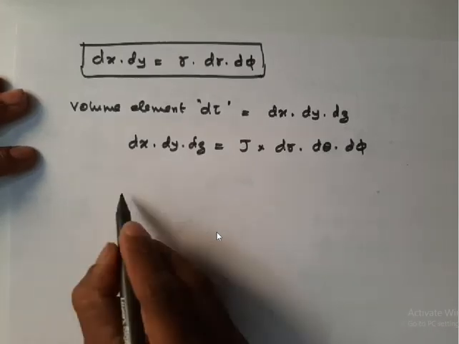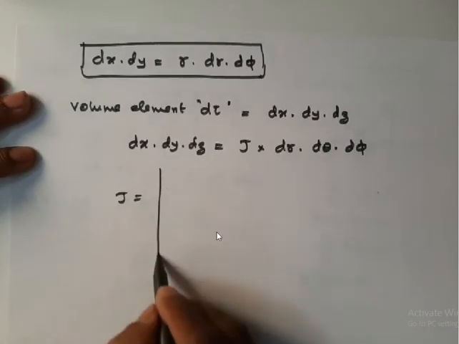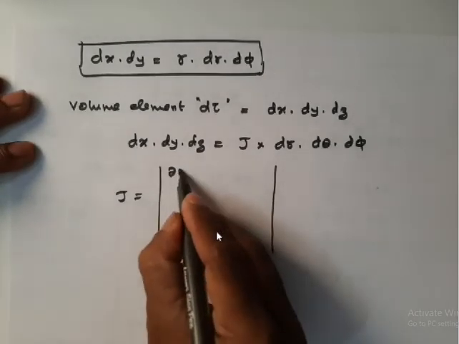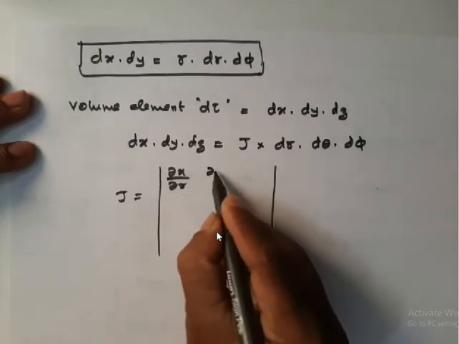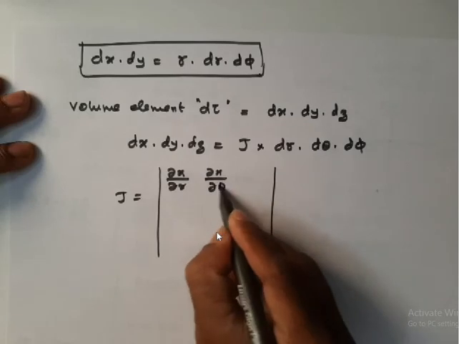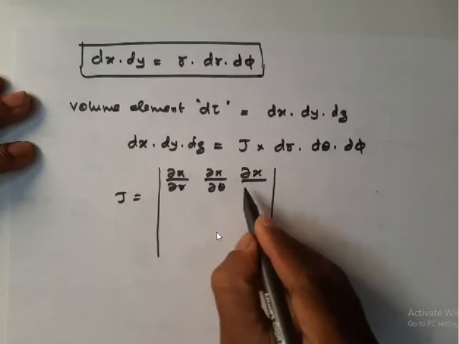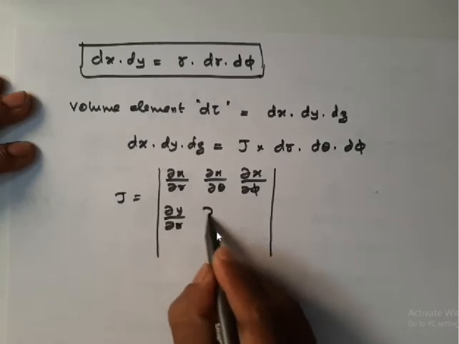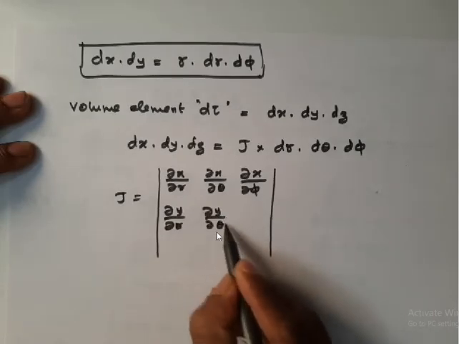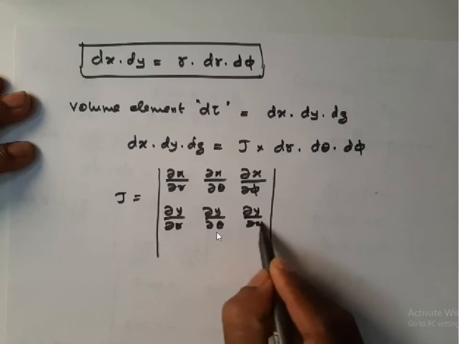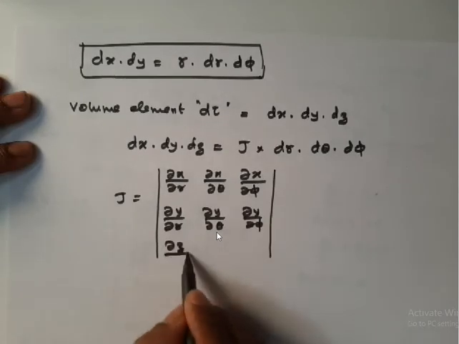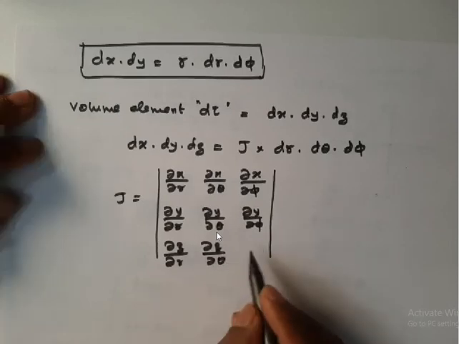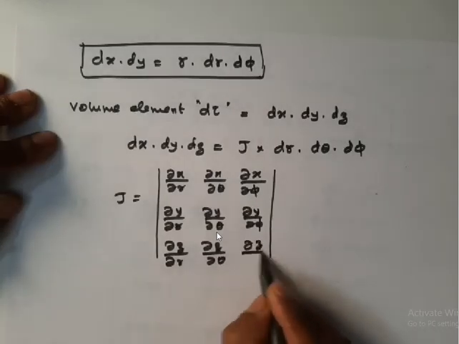And what's the Jacobian here? We have to find the third order determinant containing dou x by dou r, dou x by dou theta, dou x by dou phi, and dou y by dou r, dou y by dou theta, dou y by dou phi. Similarly, dou z by dou r, dou z by dou theta, and dou z by dou phi.